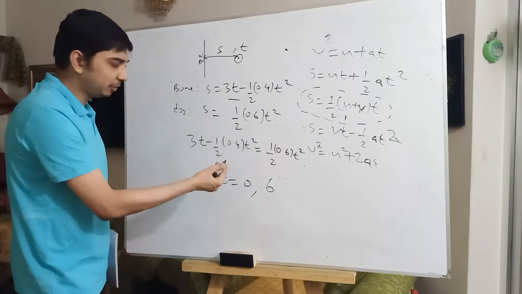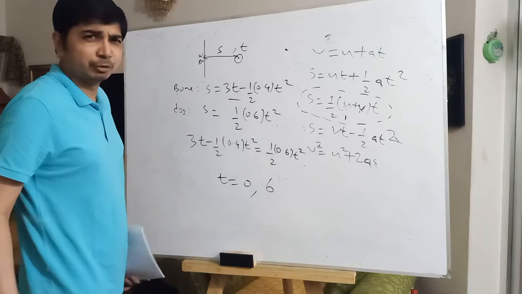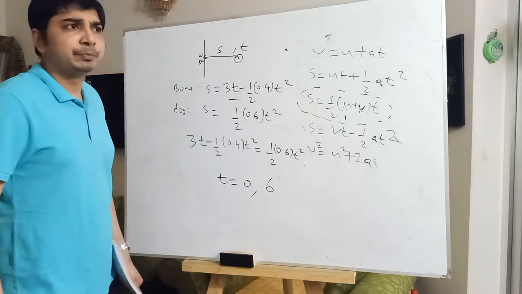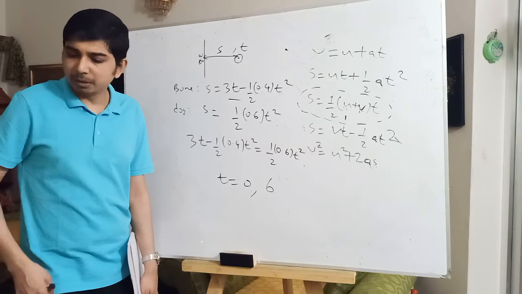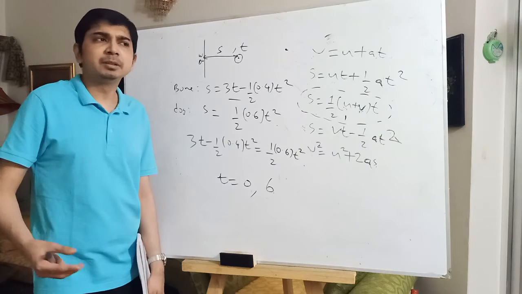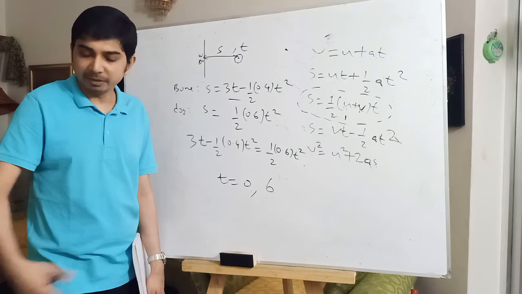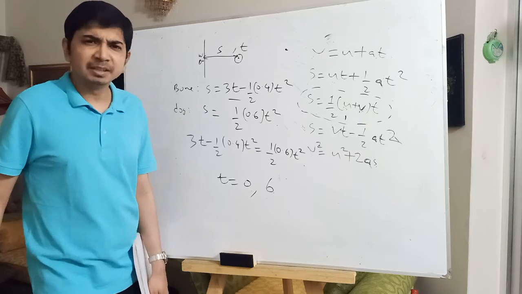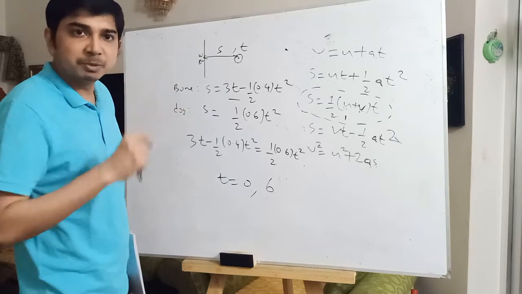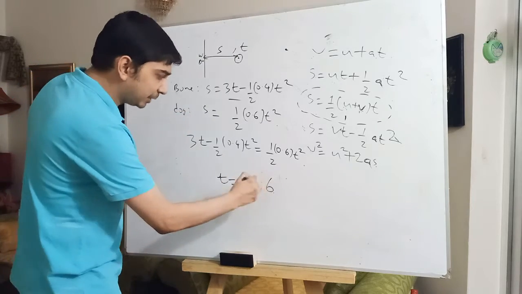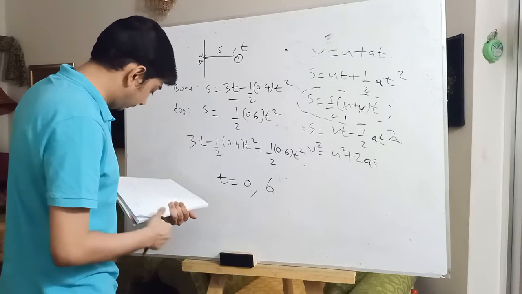So if I put the value t, both the left hand side and the right hand side will be 0, and logically also you can see that when t is equal to 0, both of them have traveled 0 distance. They are at the same place, their displacement is the same, and also when the dog catches the bone, their displacement is the same, and that is the time that we are looking for.